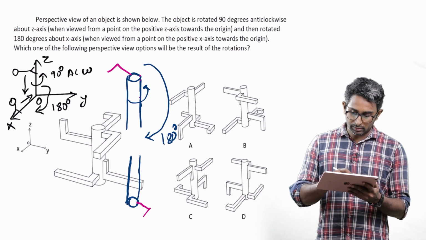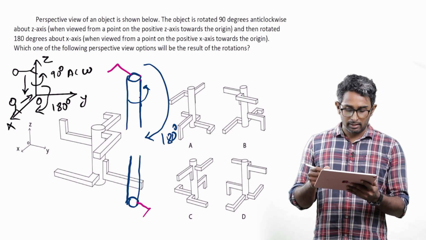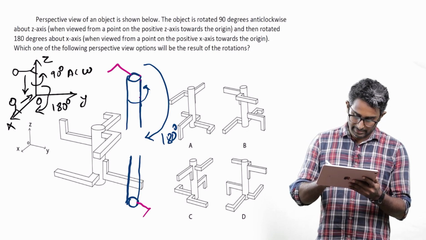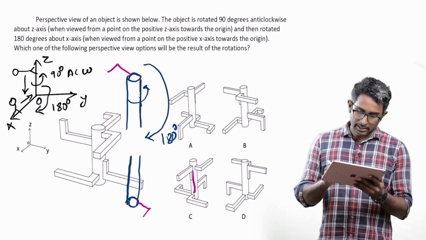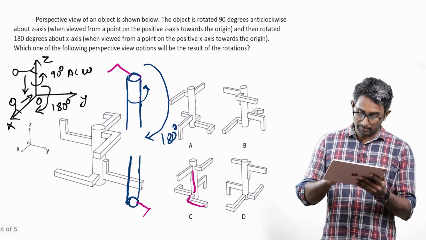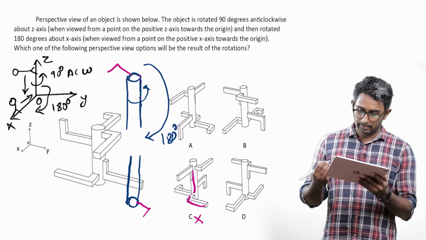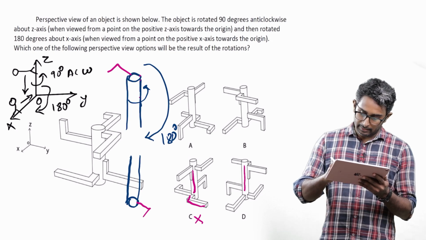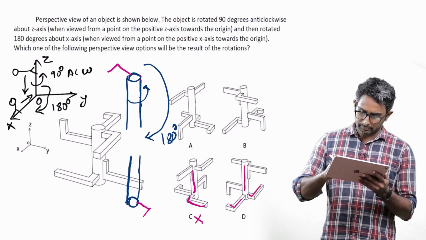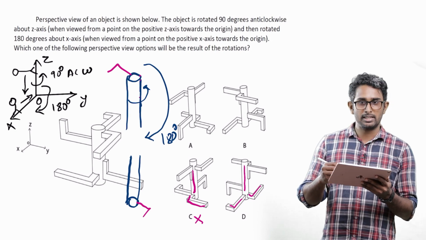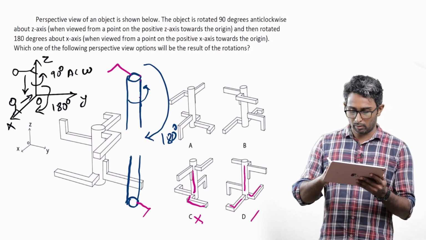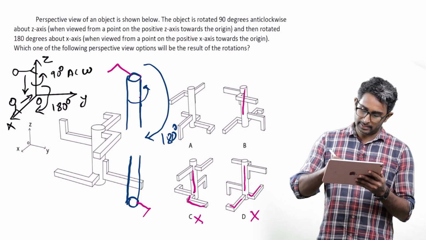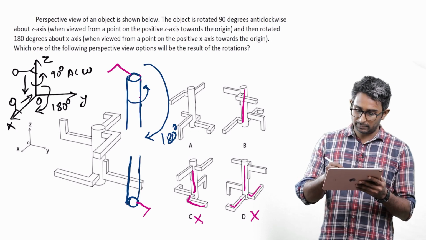Now we will analyze options A, B, C and D. In option C, we can see the stem, but the orientation of the leg is in the opposite direction, so we can eliminate option C. In option D, this is the stem and these are the two legs, but the orientation is in another direction, so we eliminate option D. In option B there is no flipping; the 180-degree rotation has not been done, I think.